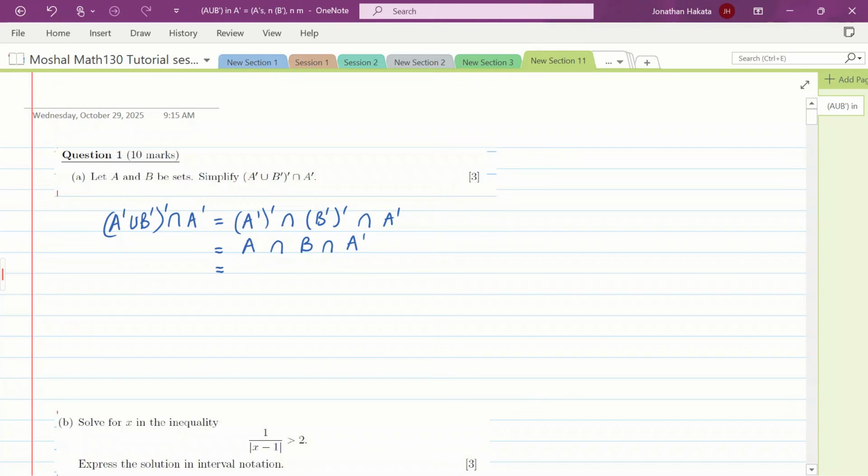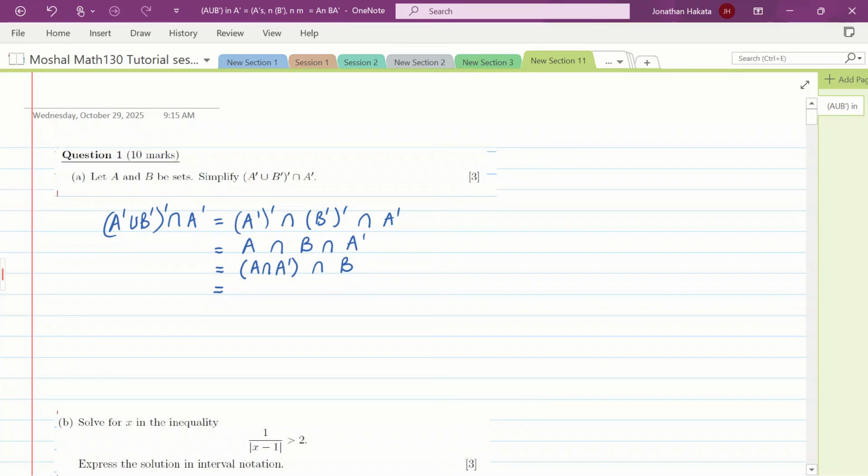Now we need to rearrange these. We are allowed because the intersection operator is commutative, so we can group terms that we want, then intersection B. Now, if I may ask you, complement means things that are not in that set, all right?